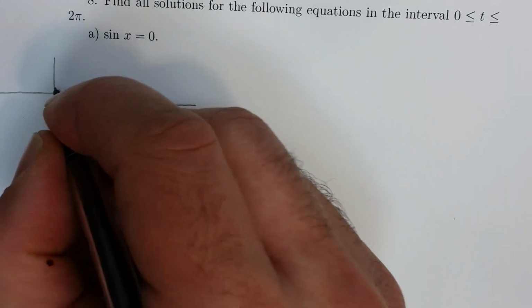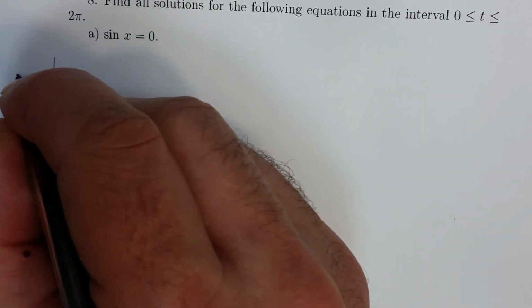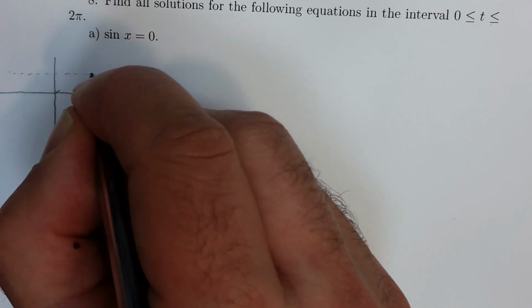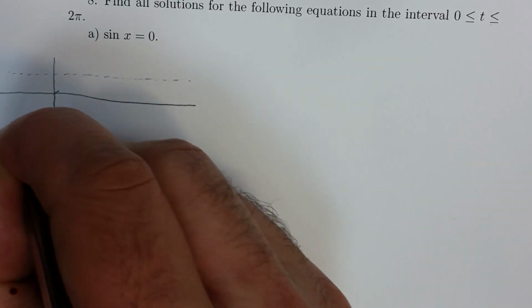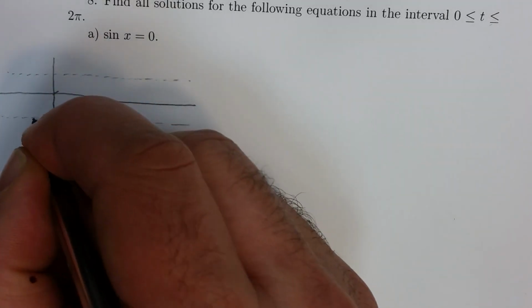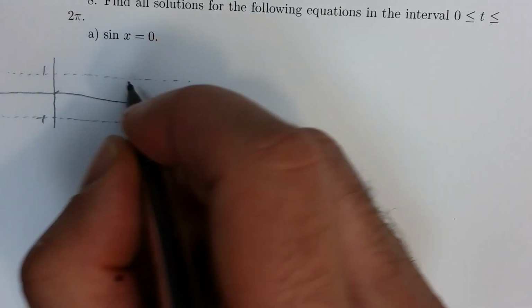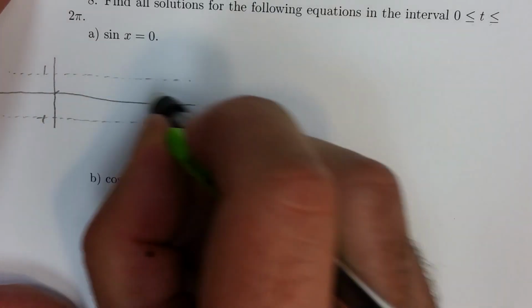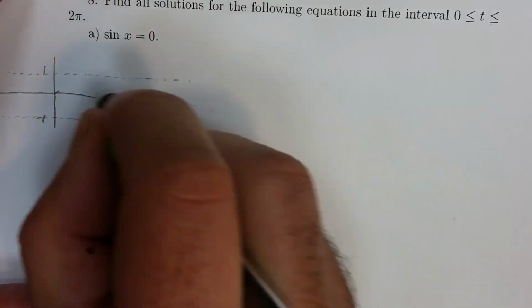So we're just going between 0 and 2 pi. We know sine goes between height -1 and 1. Sorry, the axis isn't very straight there. Let me see if I can straighten that out a little bit.